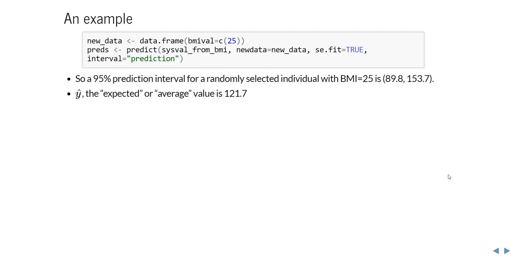And recall that the expected or average, the fitted value, this y hat, was 121.7. So I'm saying the average value of systolic blood pressure for an individual with BMI 25, but there's a prediction interval for the likely values I would expect to see.